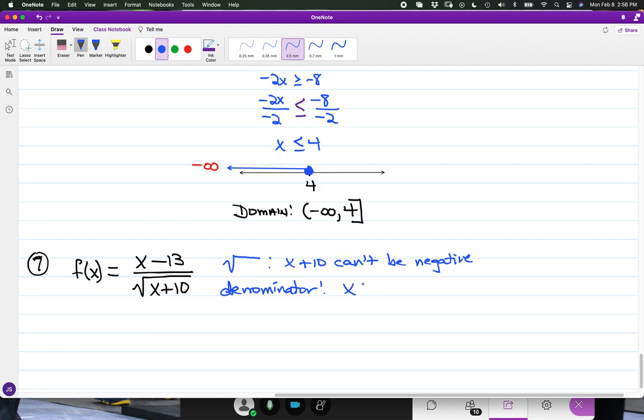x plus 10 cannot be 0. So if x plus 10 can't be negative and can't be 0, the only remaining category is that it must be positive.